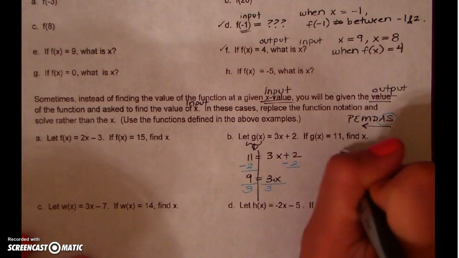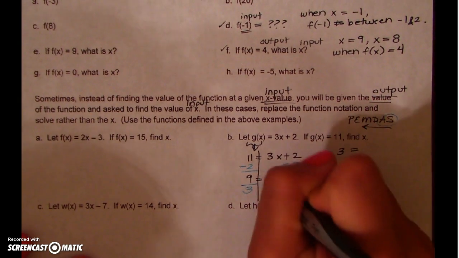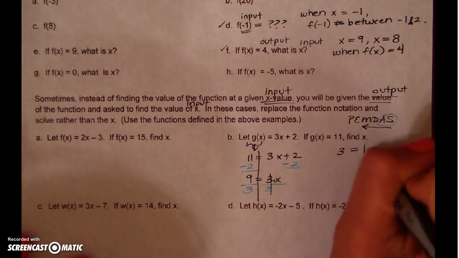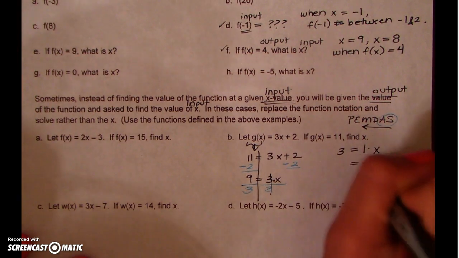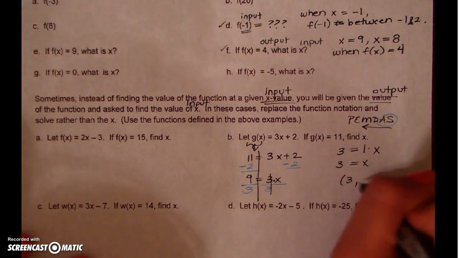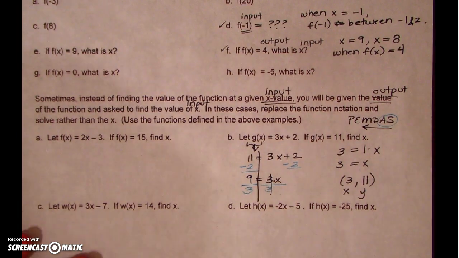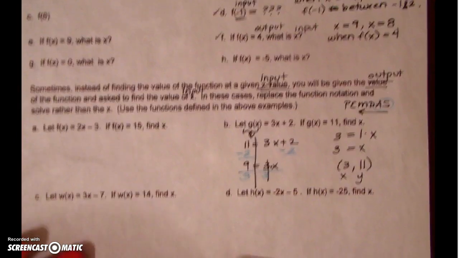We're left with 9 divided by 3 is 3, and 3 divided by 3 is 1x. So our final answer is that our input is 3 whenever our output is 11. Any questions?